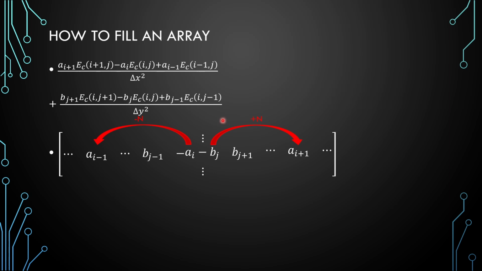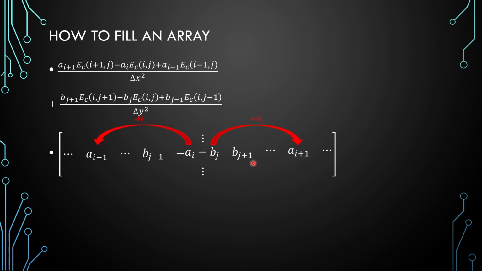If we look at this finite difference equation, the diagonal term will be minus A_i minus B_i. And for EC at j plus 1 and j minus 1, they will be next to our diagonal term. So you will find B_{j-1} and B_{j+1} here.